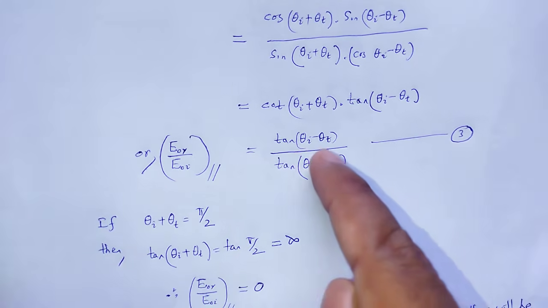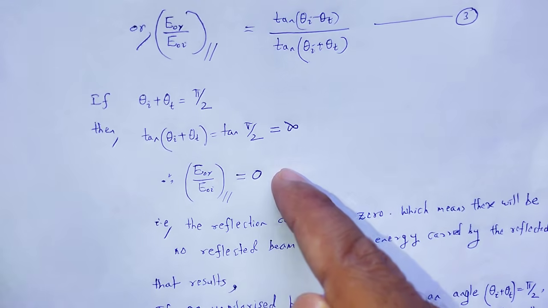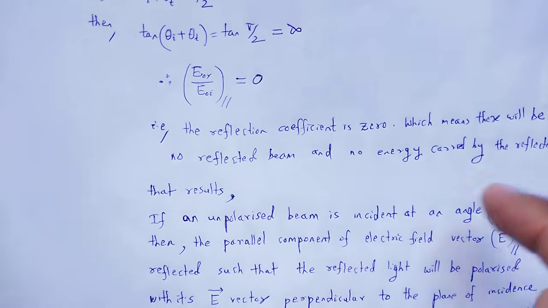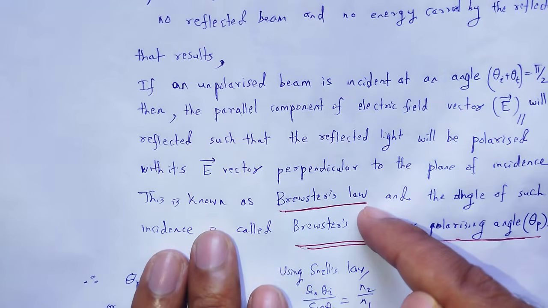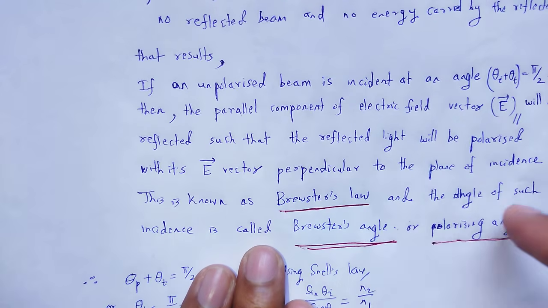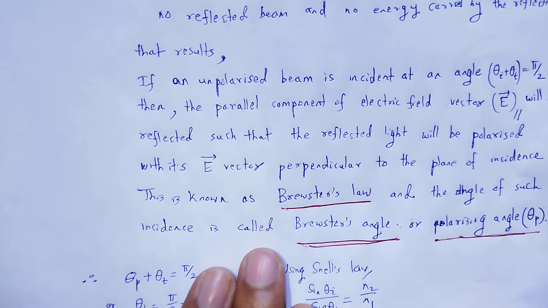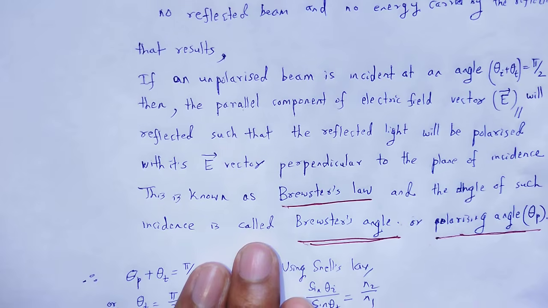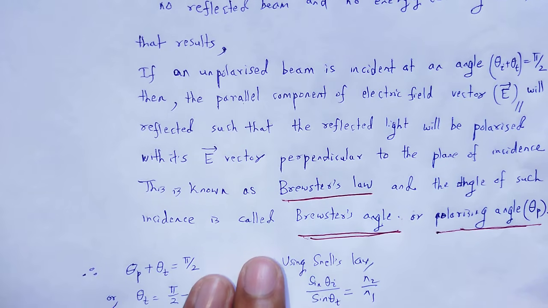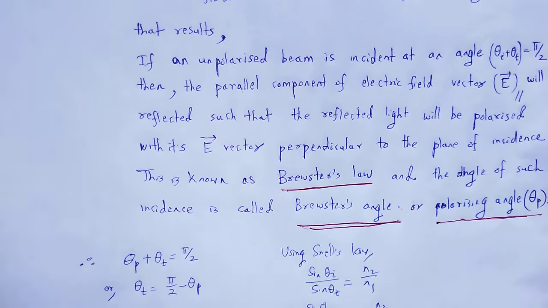From that expression, when we put theta I plus theta t equal to pi by 2, that value will be 0. What does it signify? Finally we show this is Brewster's law, and the angle of such incidence to obtain polarized electromagnetic waves from unpolarized electromagnetic waves by reflection is called Brewster's angle or polarizing angle.